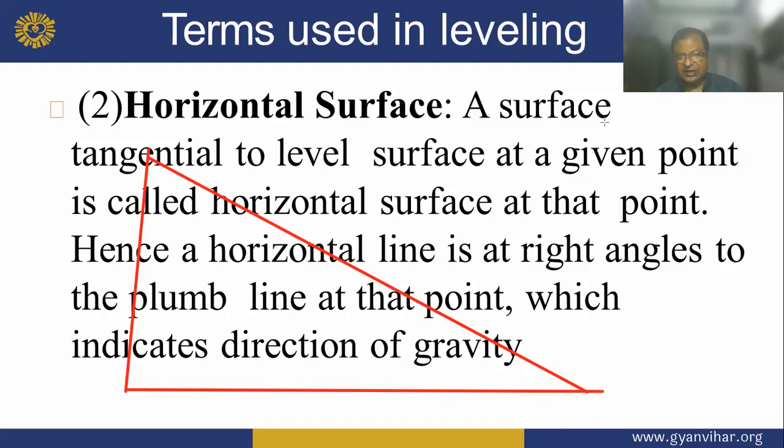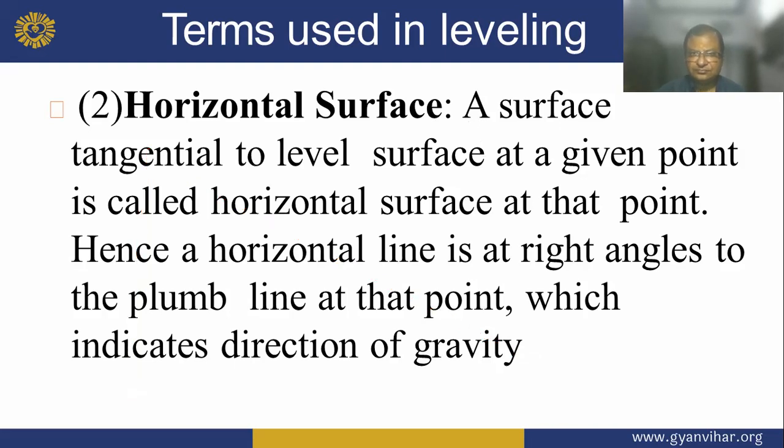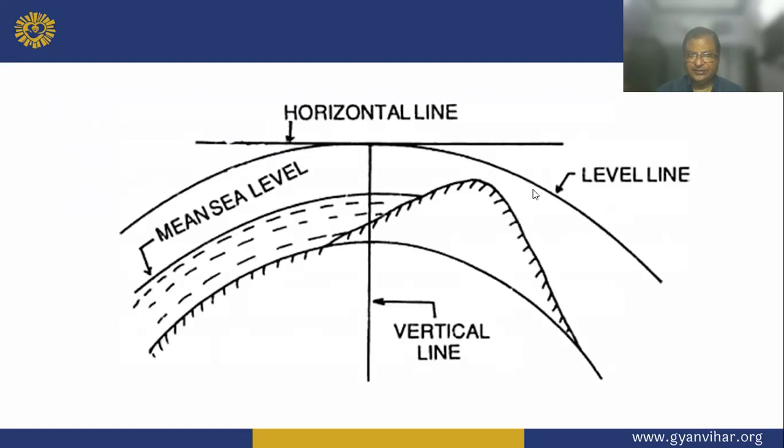Hence the horizontal line is at a right angle to the plumb bob, which indicates the direction of gravity. This is the horizontal line.